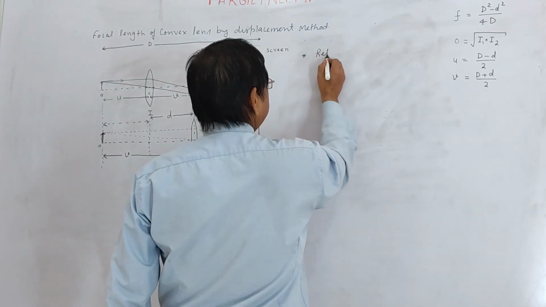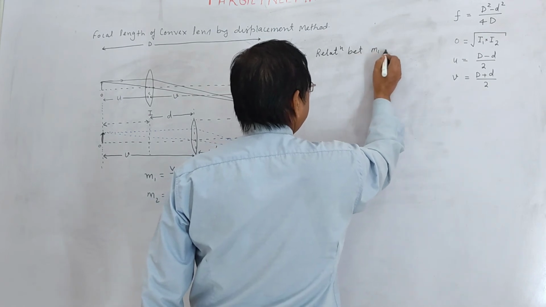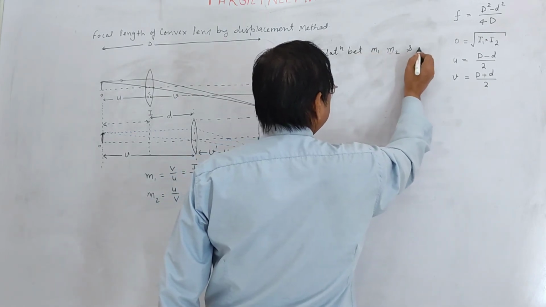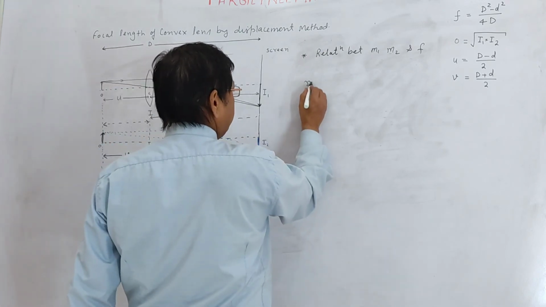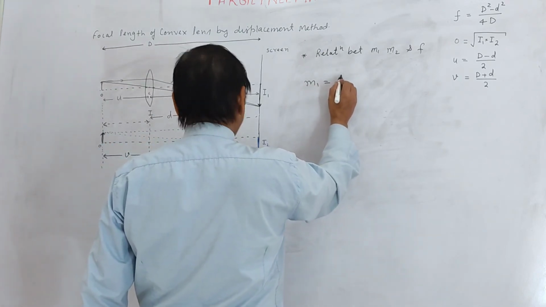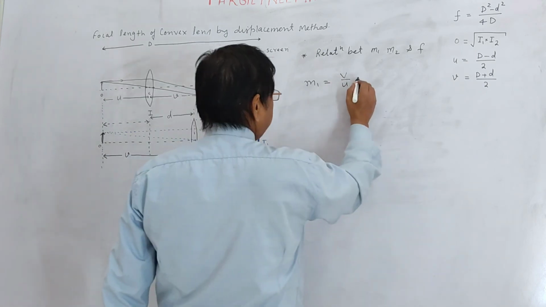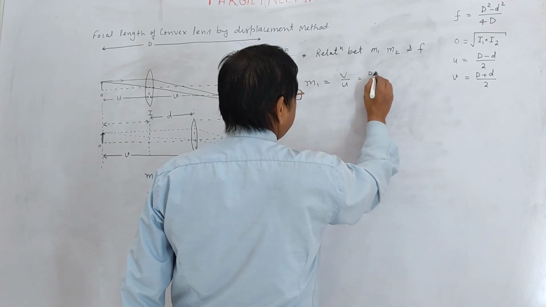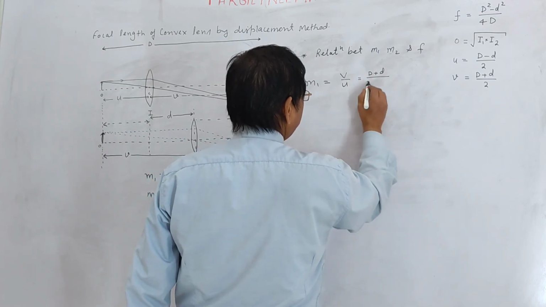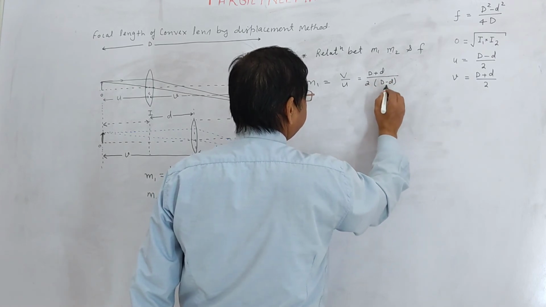Relation between M1, M2 and F. See, M1 is V by U, and that is D plus d by 2 divided by D minus d by 2.